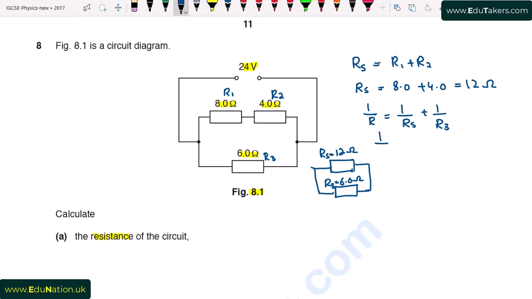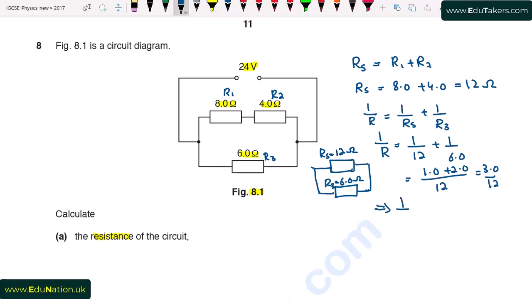So by using this formula I can find out the total resistance of the circuit. By putting values here, 1 over R is equal to 1 over 12 plus 1 over 6.0. It will be 1.0 plus 2.0, that is 3.0 divided by 12.